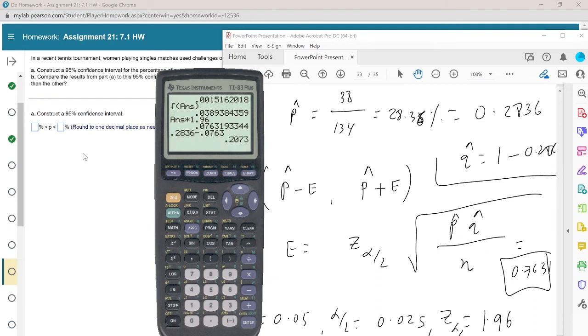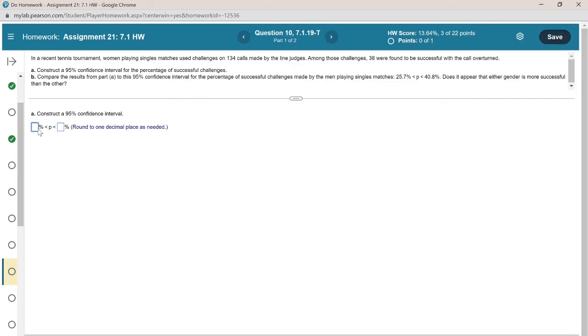If you do that, it gives you the lower bound, but we need that in percentage. So it's in decimal, so for the percentage, just shift this two decimals to the left, so it will be 20.7 for the lower bound, 20.7.